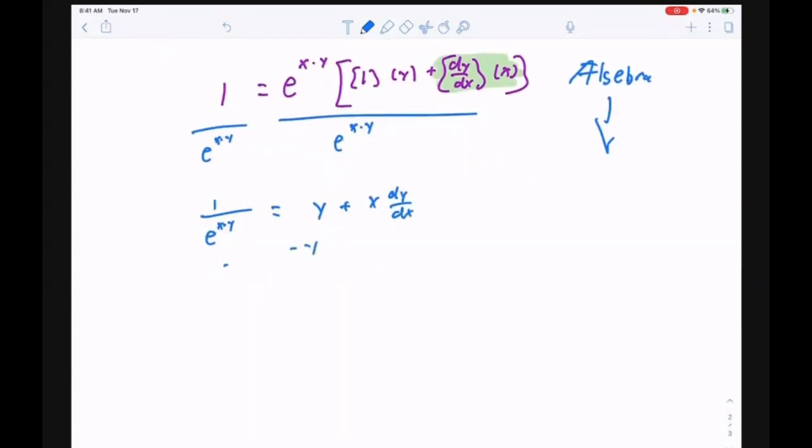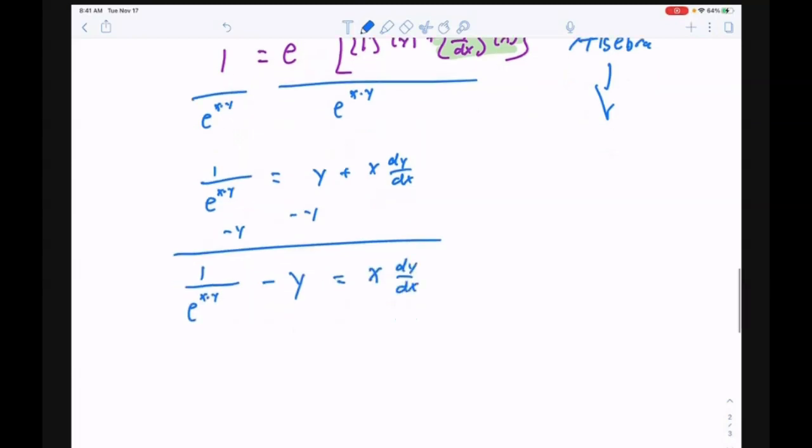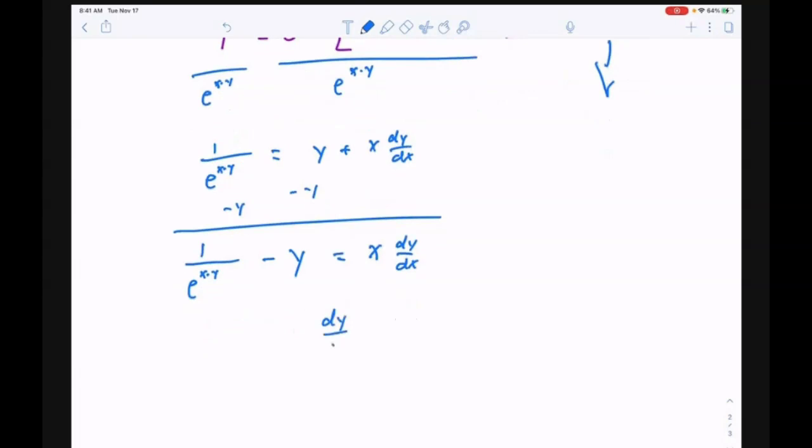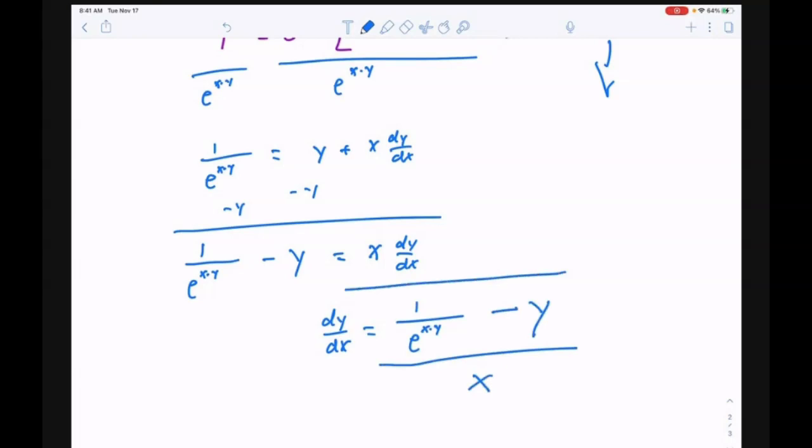I can subtract y from both sides: 1 over e to the x times y minus y equals x dy dx. And therefore dy dx equals 1 over e to the x times y minus y, all over x. Algebra.